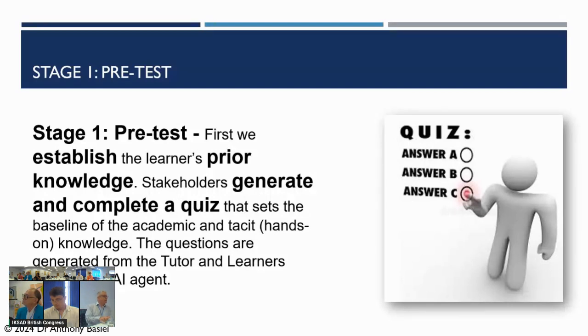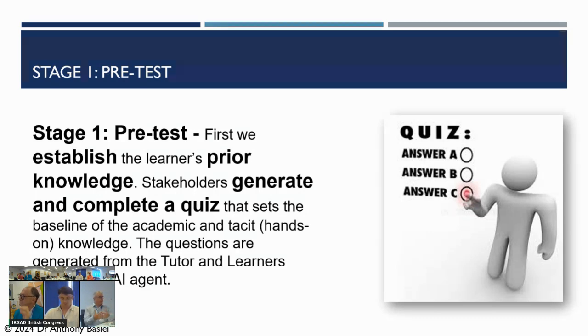But if we take a kind of Web 2.0 learner generated content approach, we can get the stakeholders, the learners, to use AI tools to also help generate a pool of questions in that specific subject area.